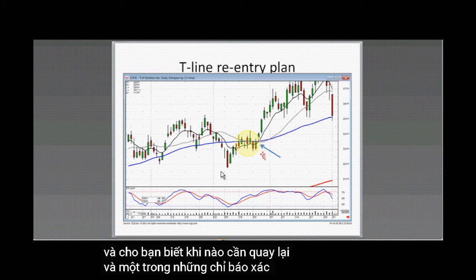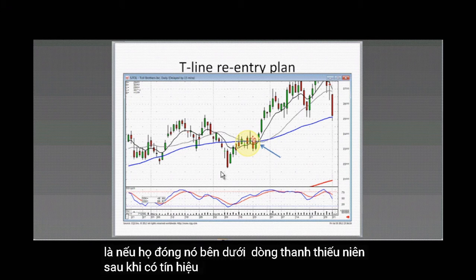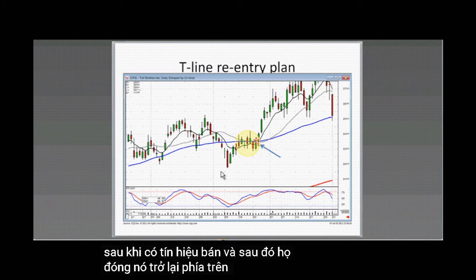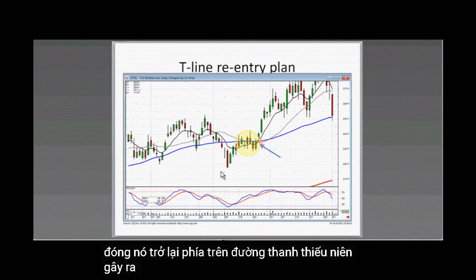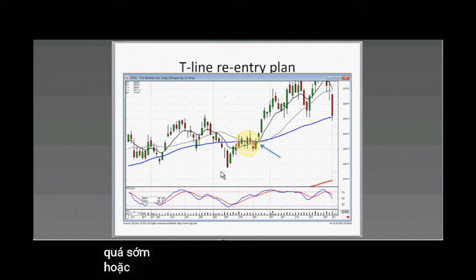And one of those confirming indicators is that if they close it below the T-line after a sell signal, and then they close it back up above the T-line, causing a buy signal, that gets you out of the fear of getting out of a position too early or getting out of a position and not getting back in. I always had that problem myself.